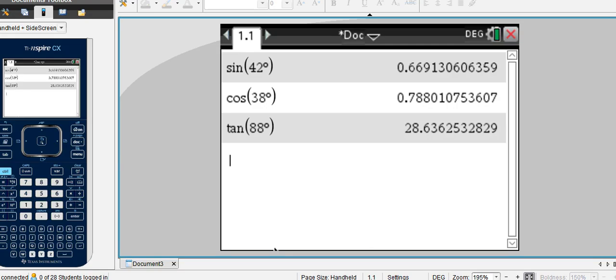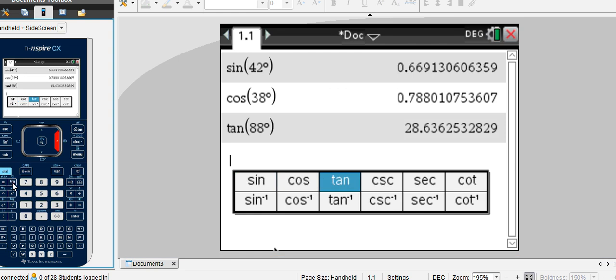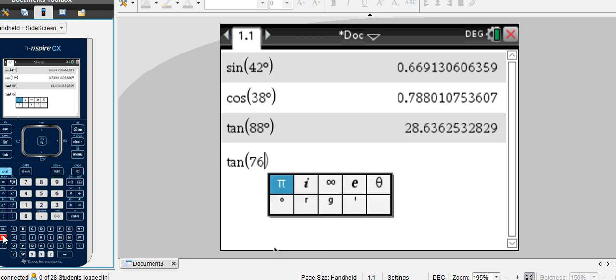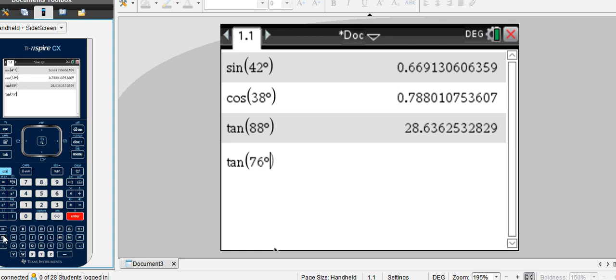Tangent of 76 degrees I can find by typing that into the calculator. .0108.